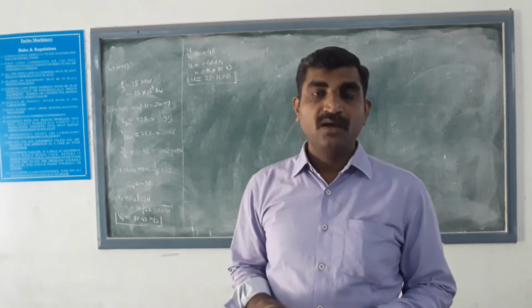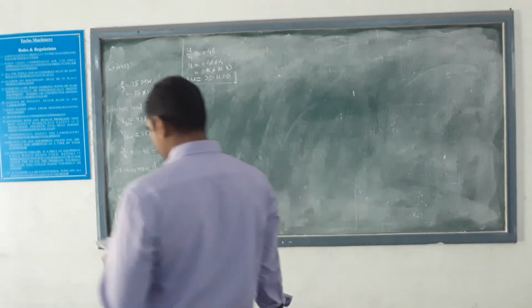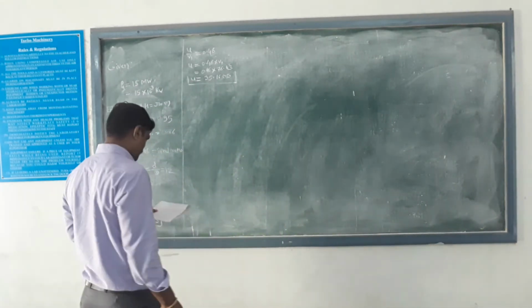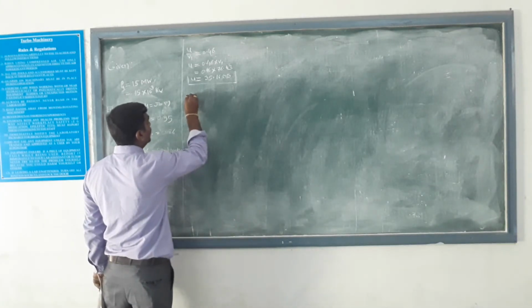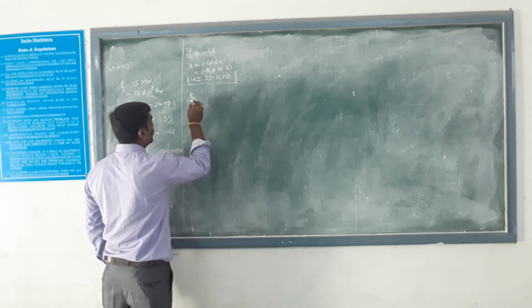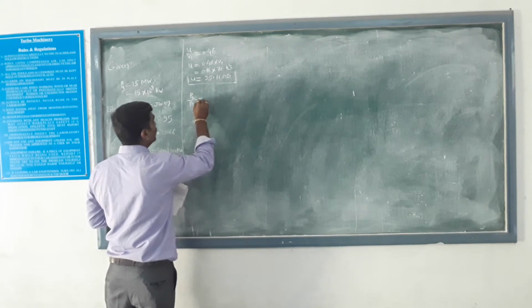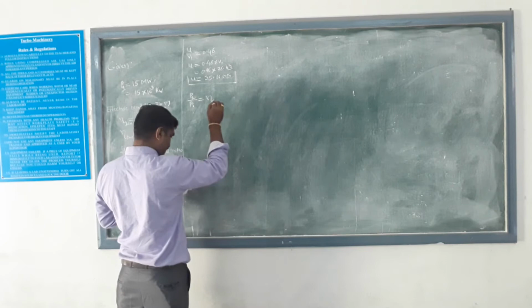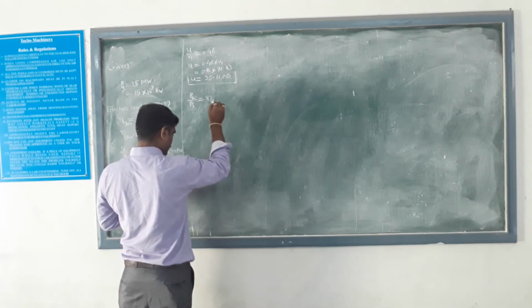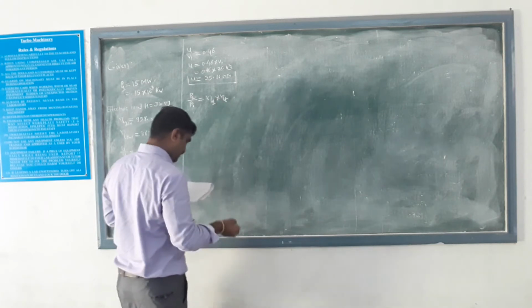Now, how to find the jet power? We know the formula: generator power upon inlet power, which is the overall efficiency, equal to generator efficiency into turbine efficiency.